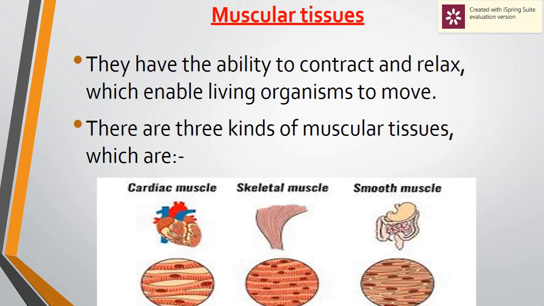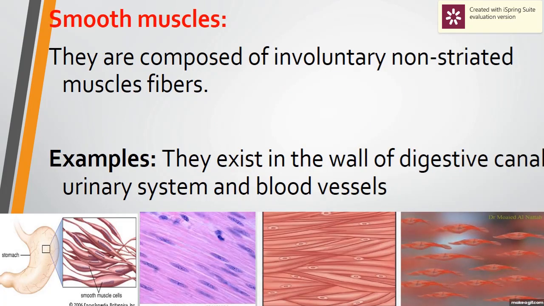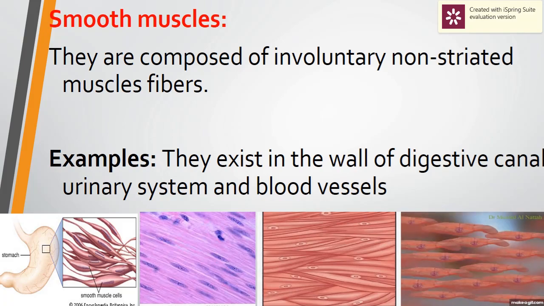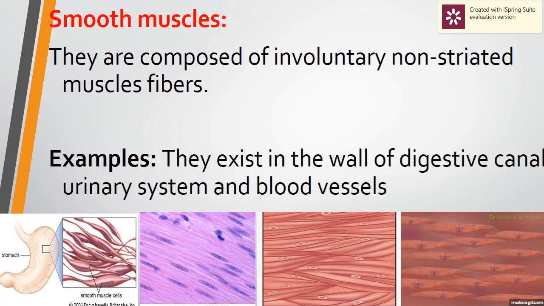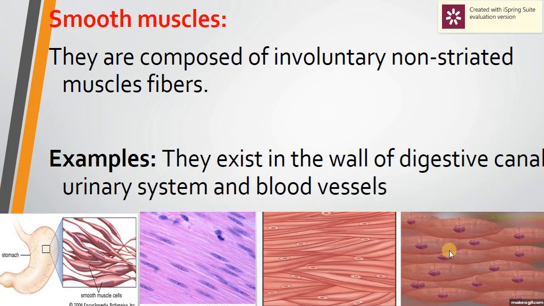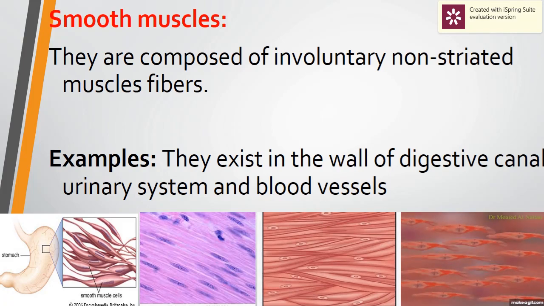What is the difference between them? The first is smooth muscular tissue. The smooth muscular tissue consists of unstriated involuntary muscle fibers. As we see here, these muscles contract and relax by themselves. We can't control them, and they have no striation.